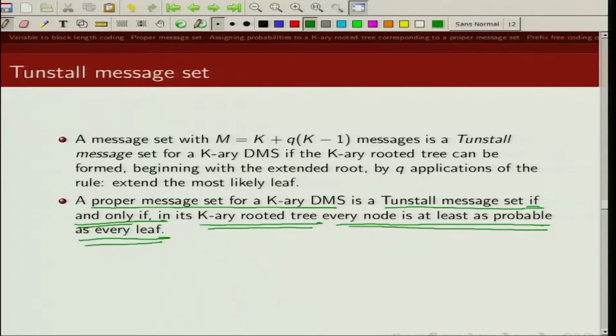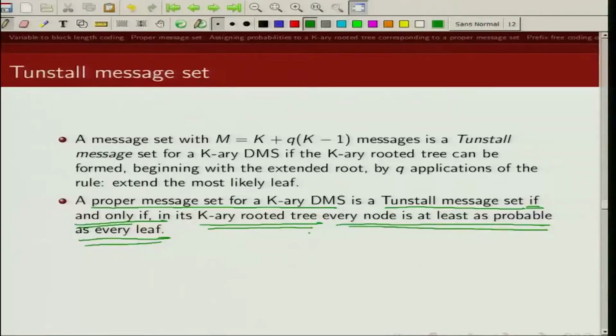Because we are extending the most likely node. So if you extend the most likely node, the probability of the leaves would certainly be less than the probability of the node. So every node will be at least as probable as every leaf.